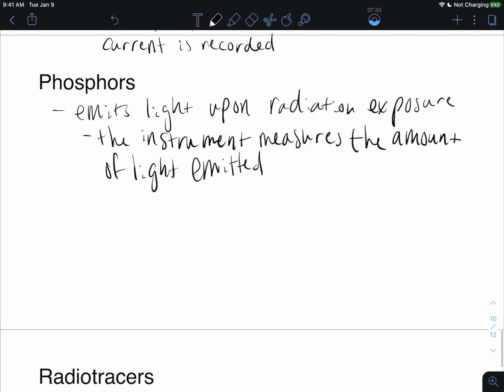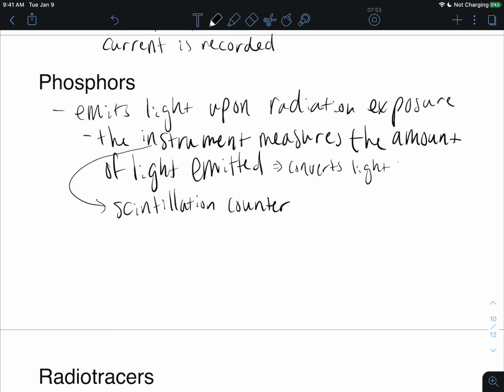Okay, and this instrument is called a scintillation counter. And then once it measures that amount of light, it's going to convert that light into an electronic response. And that's the response that the instrument actually measures.